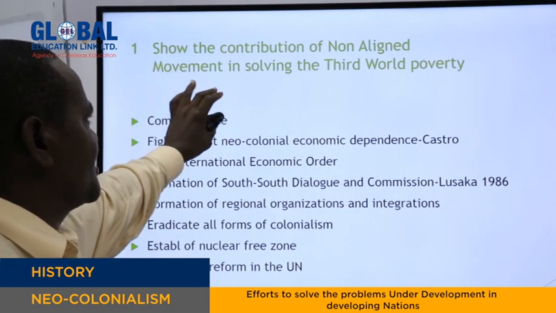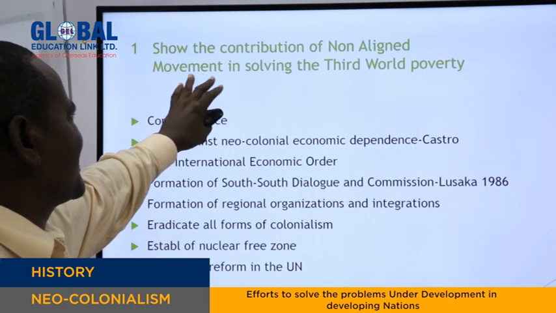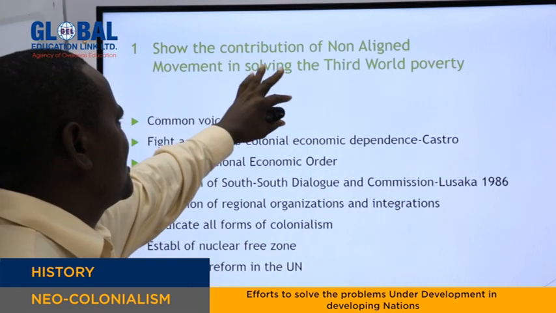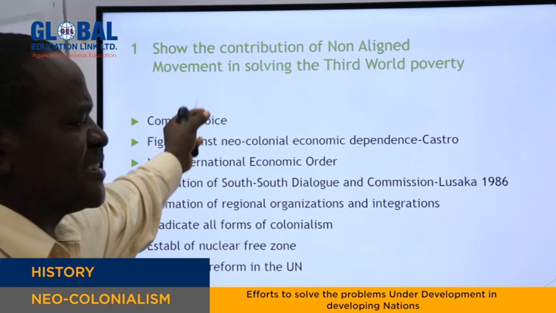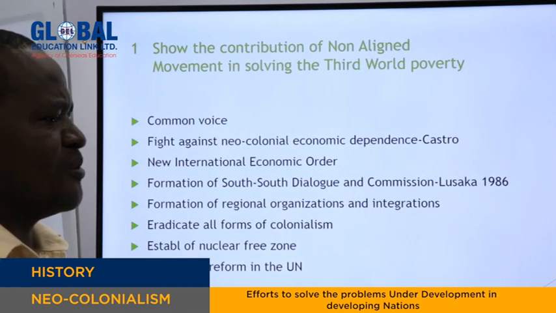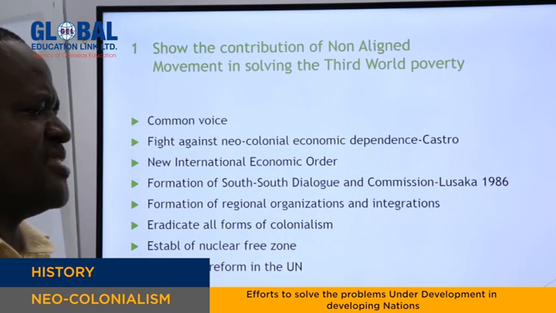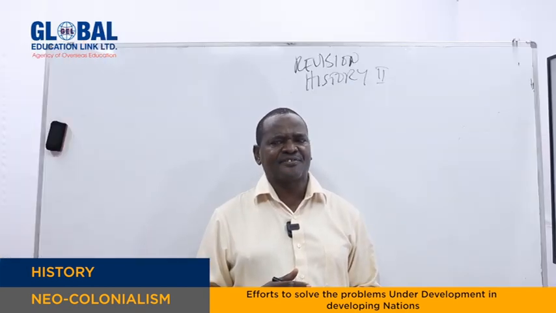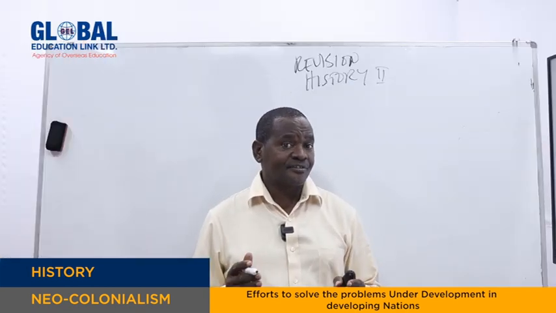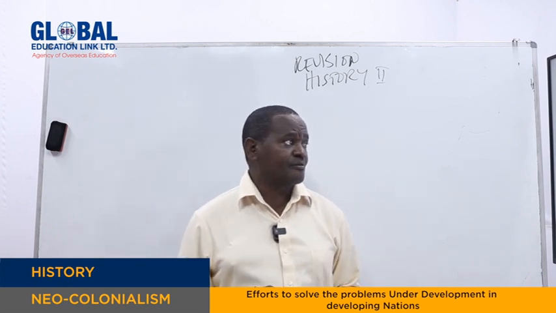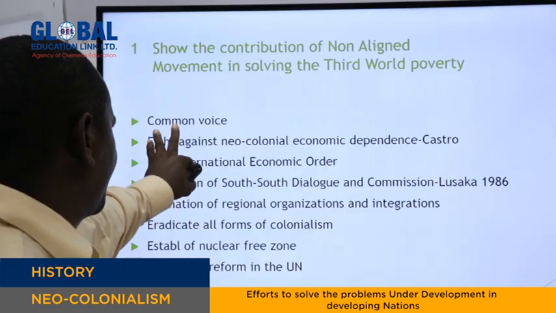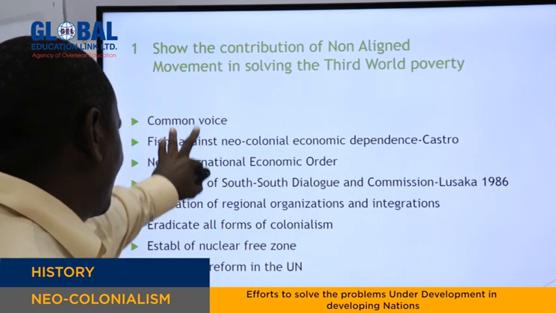In the introduction, make sure that you give a very short historical background of the non-aligned movement. When was it established, for instance? Who were the leaders? You have to state the aim for which it was established. We say it's because of the existence of the East-West conflict and so on. After that, you go straight to the points and give the answers in your main body.